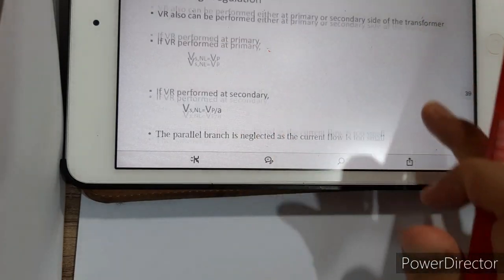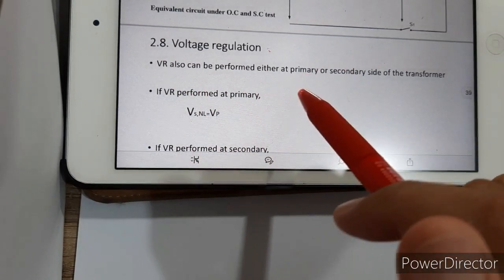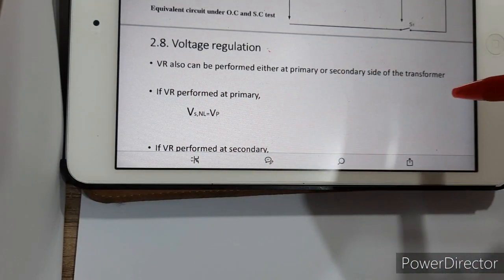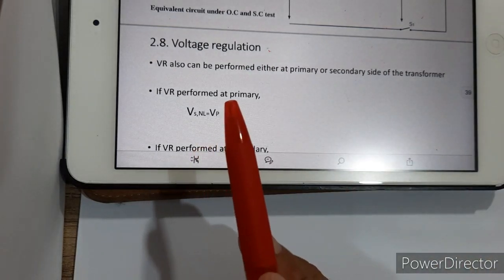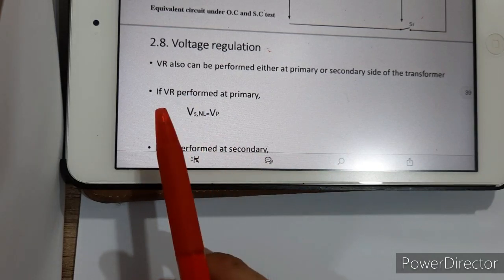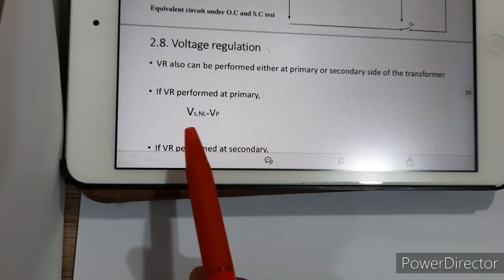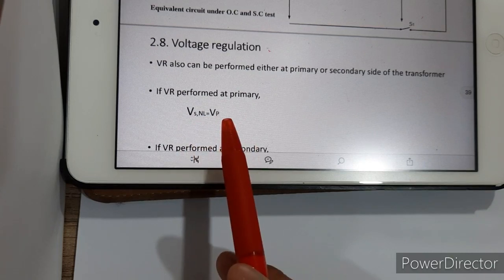So remember, voltage regulation VR can be performed either at the primary or secondary side of the transformer, because we can refer our parameters to either side. If we perform it at the primary side, Vs no load equals Vp, which is V primary.